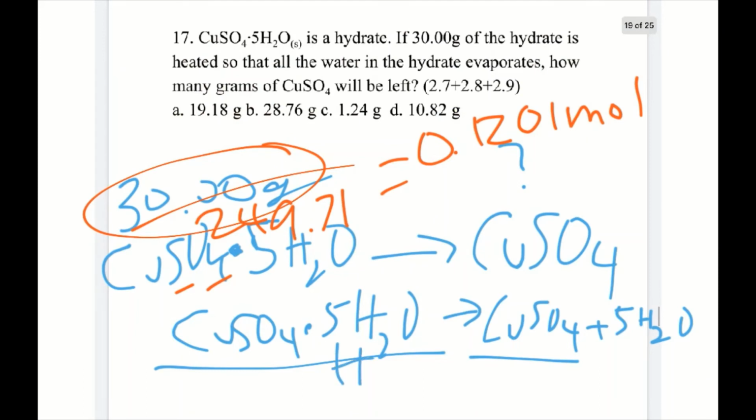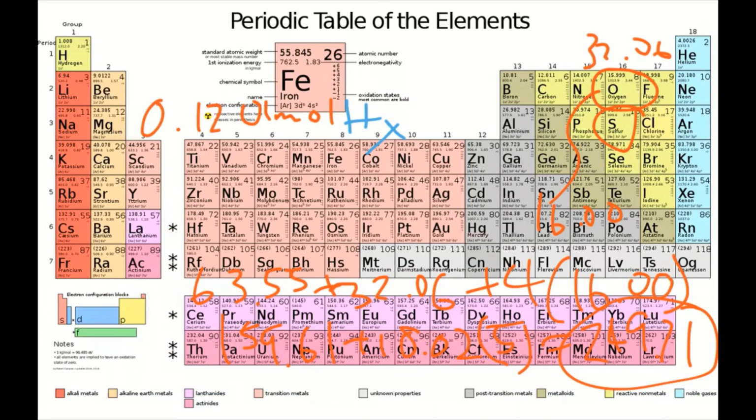The hydrated form and the anhydrous form is in a 1-to-1 ratio. So 1 mole of hydrated over 1 mole of anhydrous, and we get in the end 0.1201 moles of the anhydrous copper 2 sulfate.